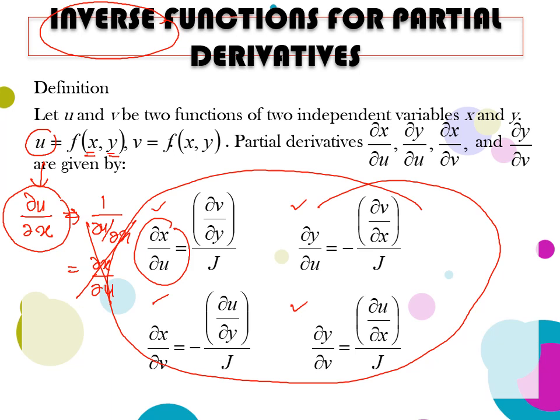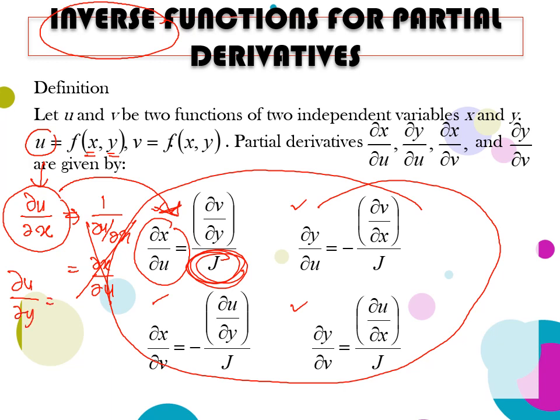Okay, what you need to do is use the Jacobian method. So del u del x is not simply the inverse, invertible to be like this, but del u del x is equivalent to del v del y over the Jacobian. Same goes to del u del y.